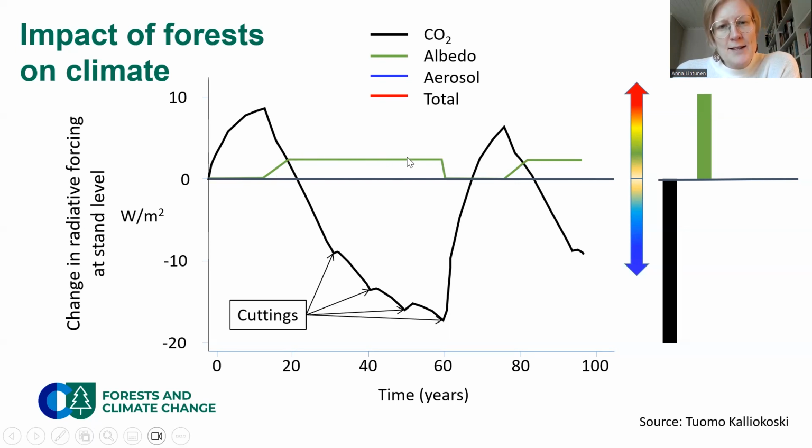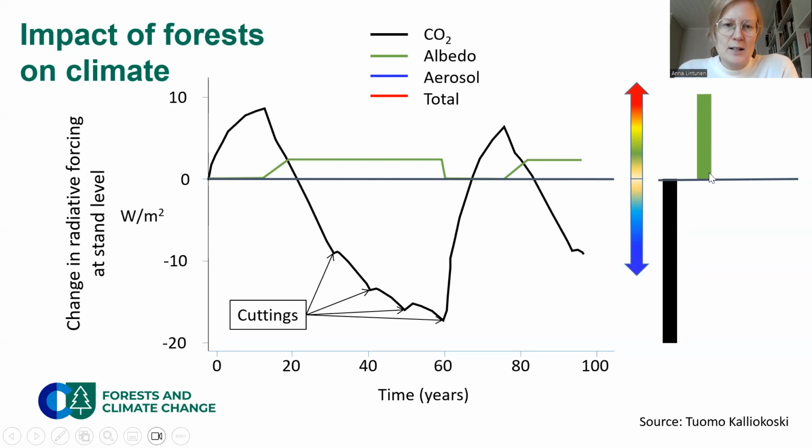And after the canopy has closed, so there is no more empty space in between the tree canopies, you can see that the albedo impact remains quite unchanged until the forest is cut down. Then the albedo effect goes again to 0. So you can see here on the right-hand side, the total impact. So we can see that from this whole period we have been looking at here, the carbon dioxide impact is strongly cooling the climate, whereas the albedo impact is warming the climate.